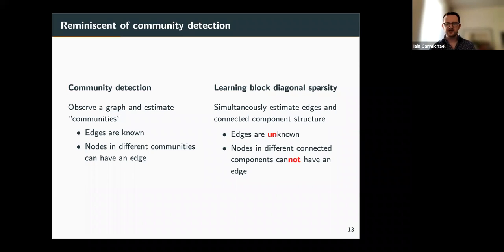We observe the edges, and nodes between communities can have edges, so communities don't have to be perfectly connected. However, in our context, our goal is to simultaneously learn both the values of the edges and the connected component structure of the graph. So in particular, our edges are unknown, but we impose the stronger assumption that nodes between connected components cannot have an edge.